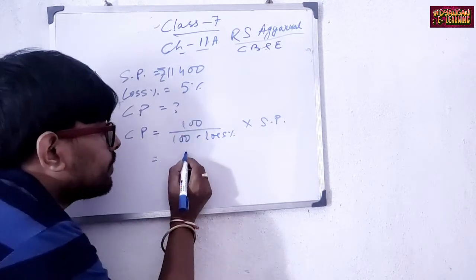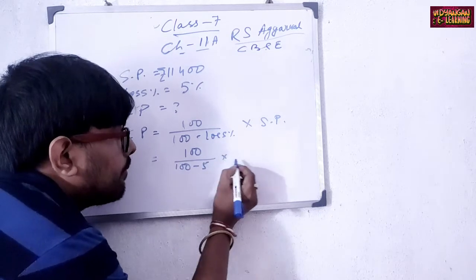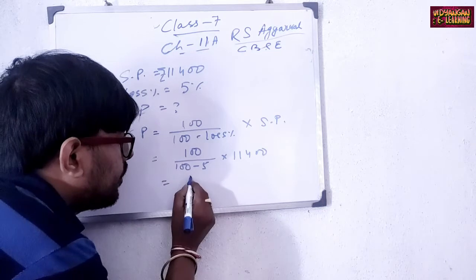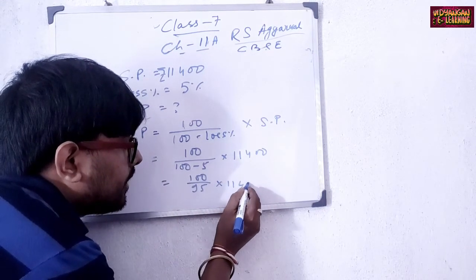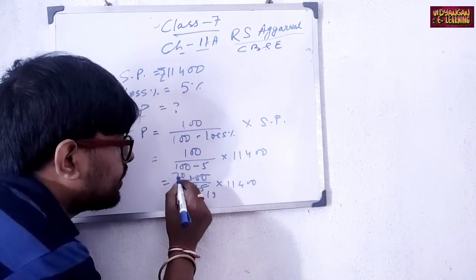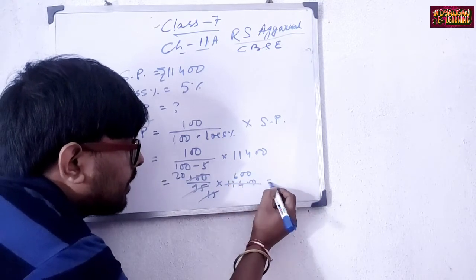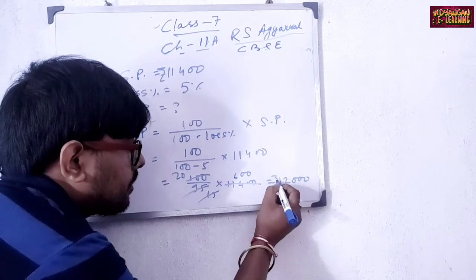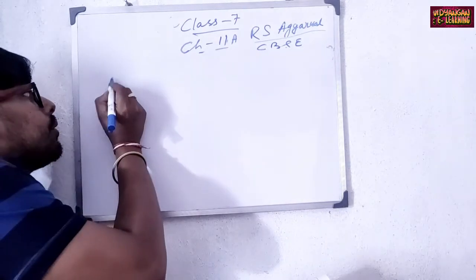Put the value: 100 by 100 minus 5, multiplied by 11,400, that is 100 by 95 into 11,400. 19 5s are 95, and 19 6s are 114. So 12,000 is the cost price.